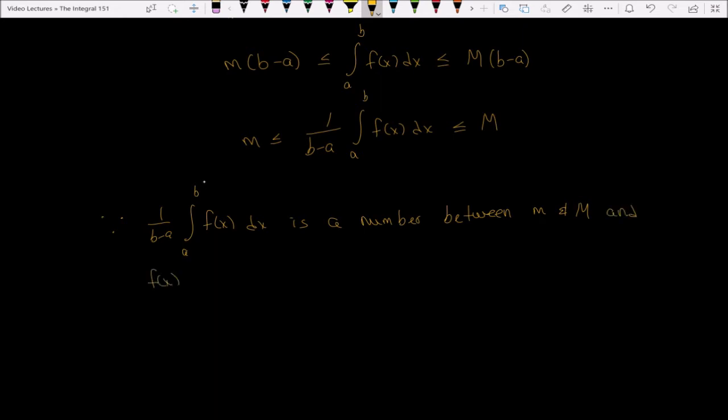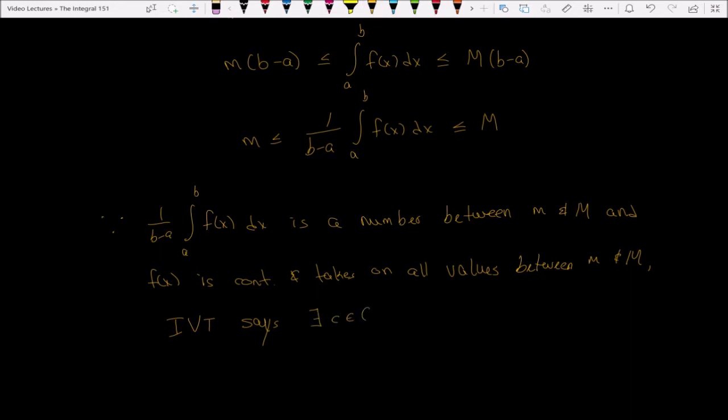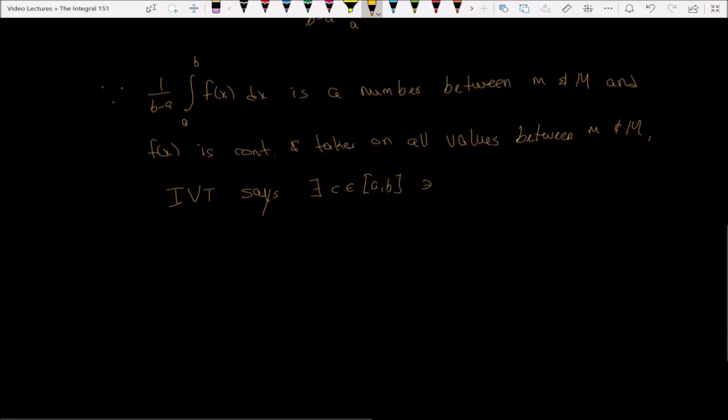And f of x is continuous, and takes on all values between little m and big M. The intermediate value theorem says that there must exist a point c within a to b such that f of c is 1 over b minus a times the integral from a to b of f of x dx.